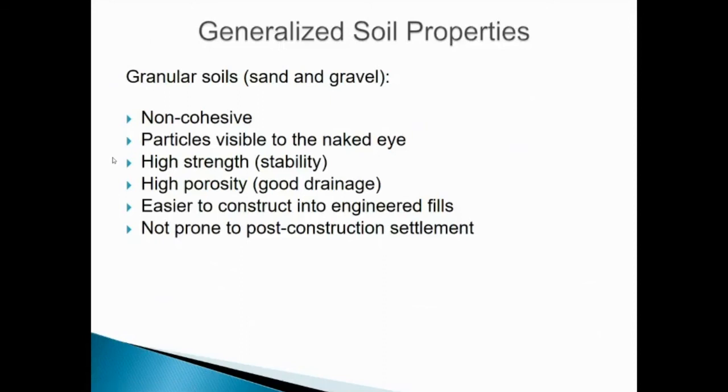Soils that are primarily composed of sand and gravel have high strength, so they are stable, and we can construct those embankments at steeper slope angles. They have high porosity, so they drain well and they do not hold water. Because they're highly permeable, it is much easier to uniformly moisture condition them and then construct them into engineered fills. These soils, when in the foundation of an embankment, are not prone to post-construction settlement.